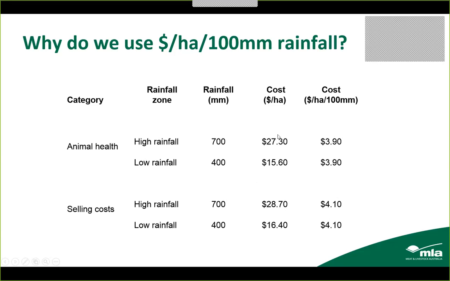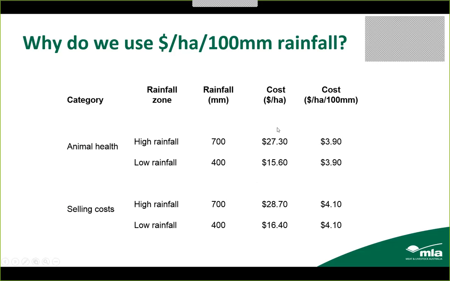The animal health cost is $27 per hectare. The cost per hectare per 100 mils is just that 27 divided by 7, which is 700 divided by 100, and that gives us $3.90. $3.90 in a low rainfall environment with 400 mils of rainfall gives us $15.60 per hectare.